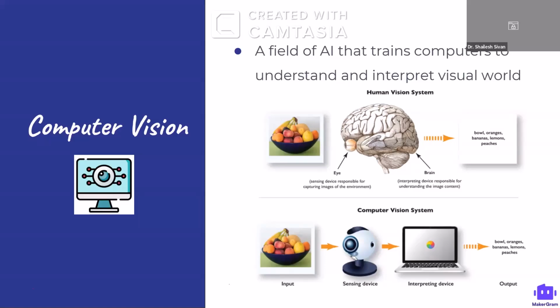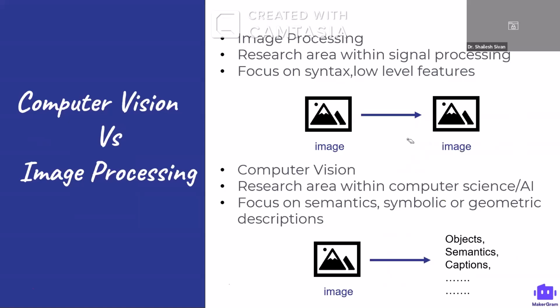It is a sensing device, and it will capture the visuals, and they get processed by a computer, which does the equivalent part of the brain. With the help of computer vision algorithms, we will get the semantics, syntax, or any other visual interpretation of that particular input. Okay.